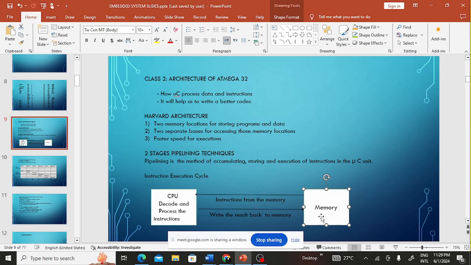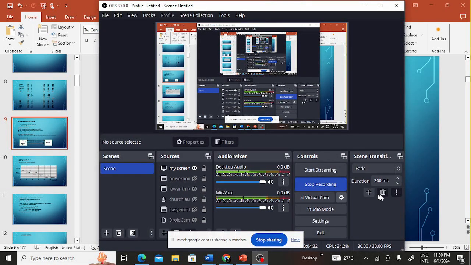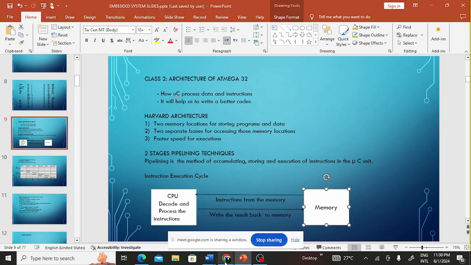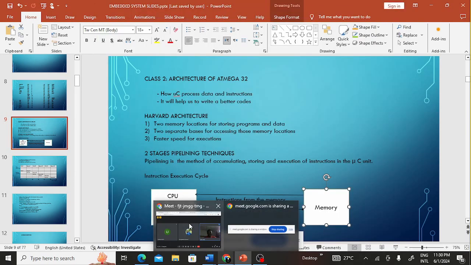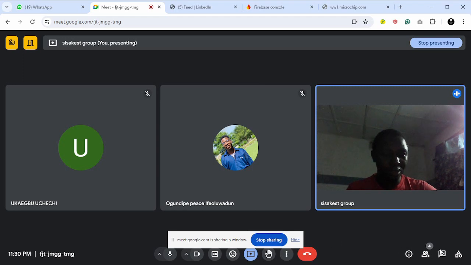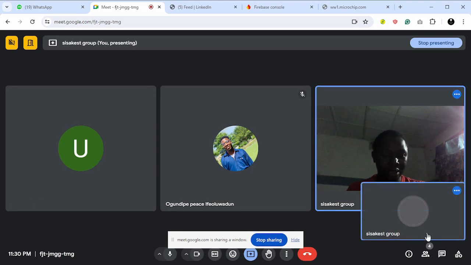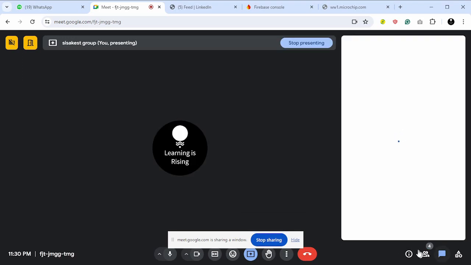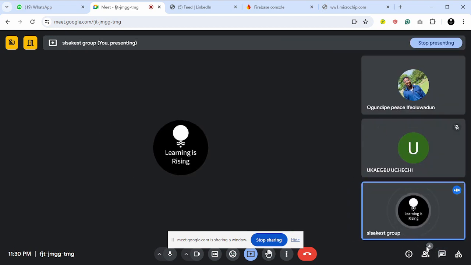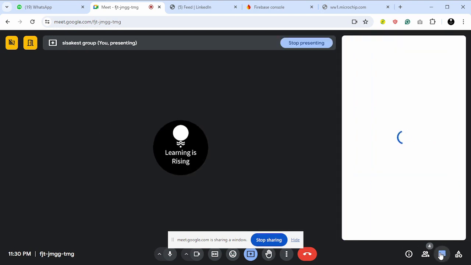When it takes this output, the analog value is stored in a memory, and the name of that memory location is called an address. Let me just type the name of that memory, just for the purpose of this class. When we get to ADC, we'll look into that in detail.